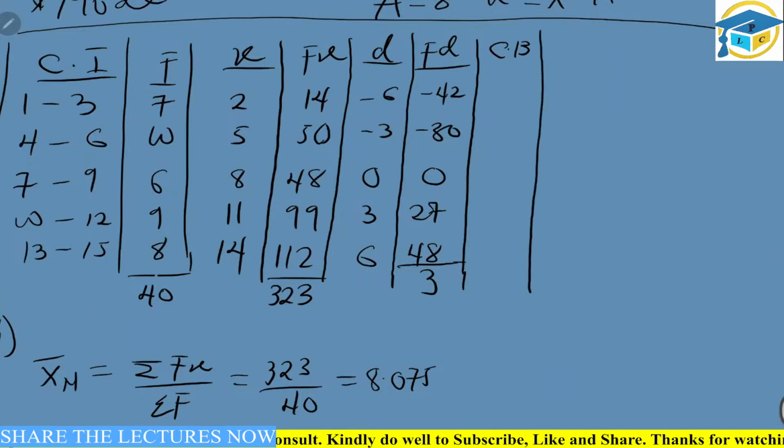So how do you find a class boundary? That's also very simple. It is always the difference between the upper class limit of the first class and the lower class limit of the second class.